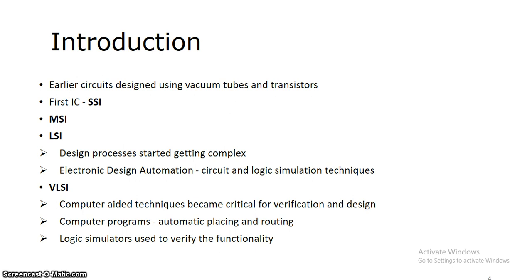You have three basic methods of integration technologies, wherein the first IC which was manufactured was an SSI IC, that means small scale integration, wherein the number of transistors integrated onto the chip was less than 10. Slowly and gradually it increased to 100, wherein you have medium scale integration technology, wherein the number of components on a single chip varies from 10 to 100.